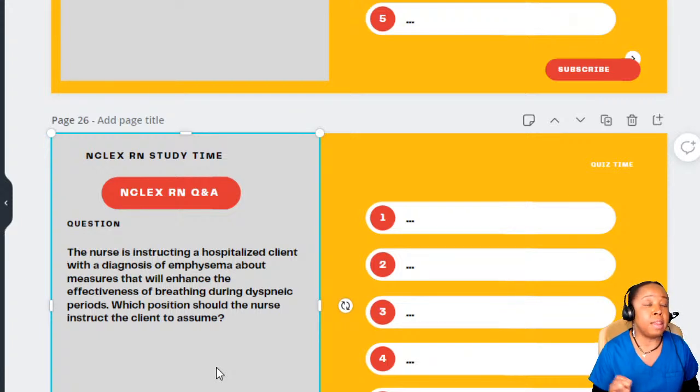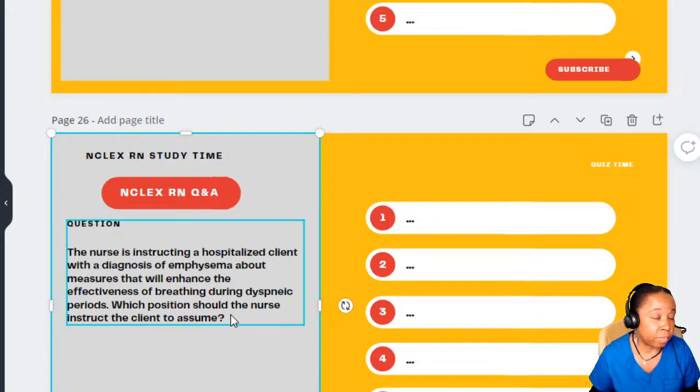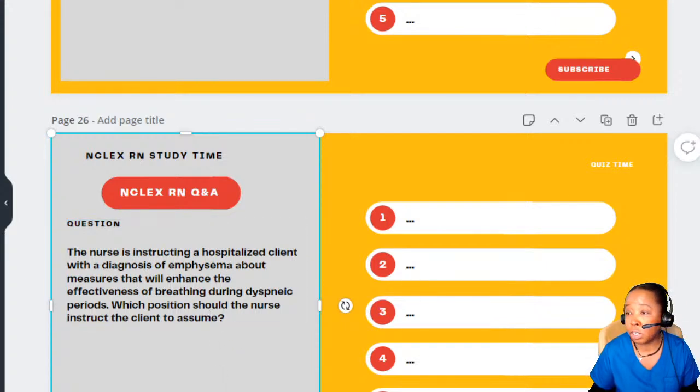So the position is very important to help with the problem with the respiration. I'm going to give you the positions and then you will choose.